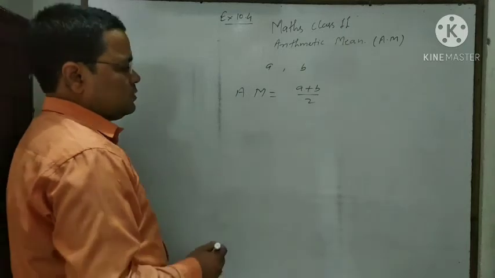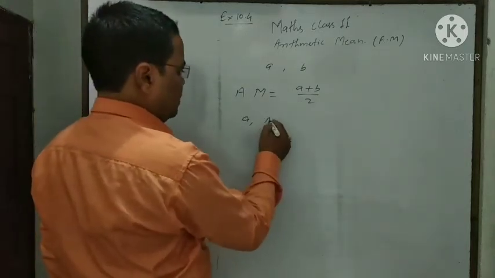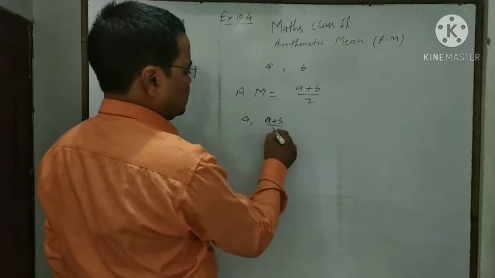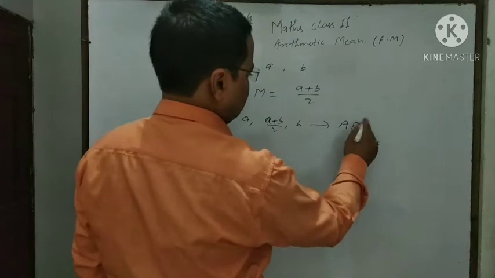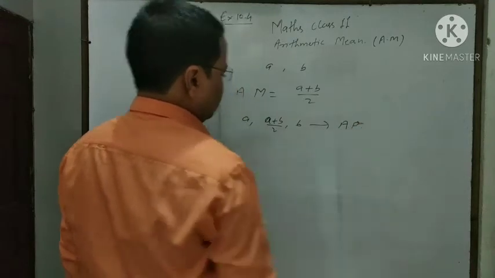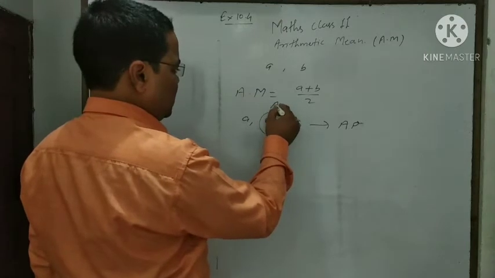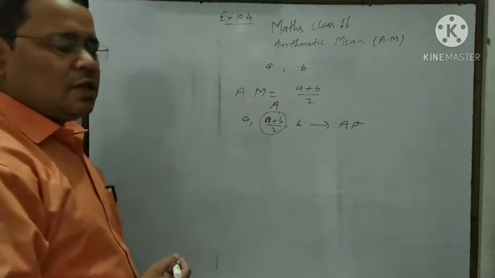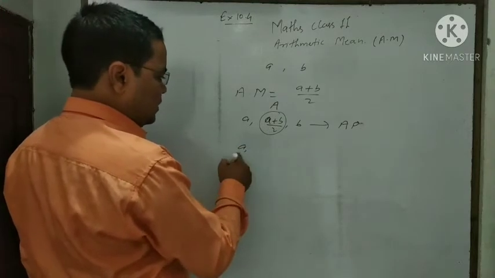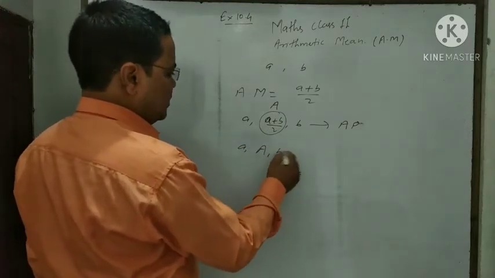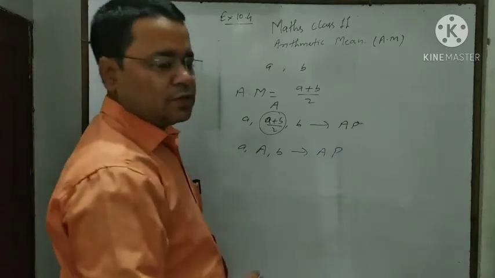If we take this arithmetic mean, then a, (a plus b) by 2, and b are in AP. If we represent the arithmetic mean by capital A, then a, capital A, and b will be in arithmetic progression.